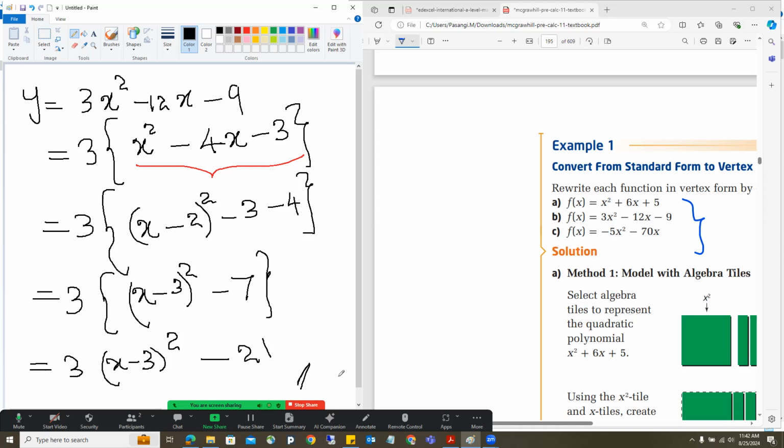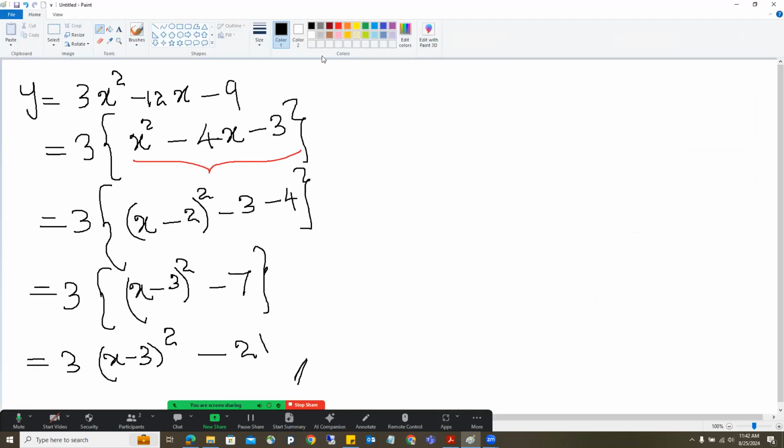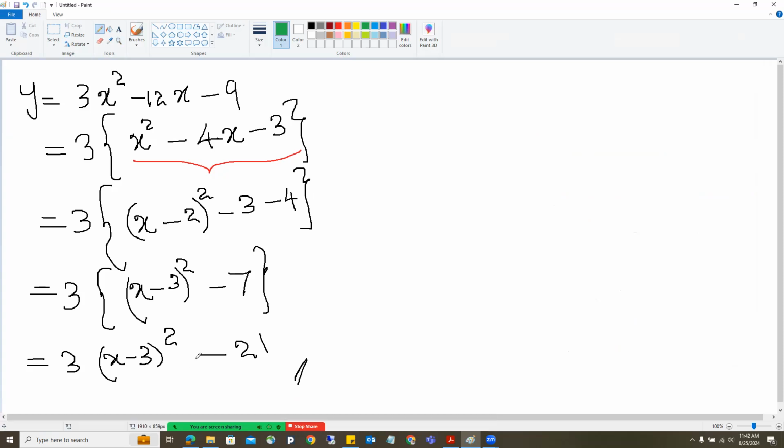So, okay, just expand this vertex form one. We can again expand this one and check whether we receive this format. So if I start with y is equal to 3 times x minus 2 squared minus 21.